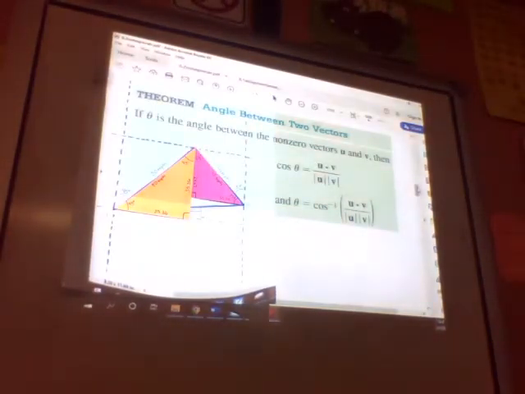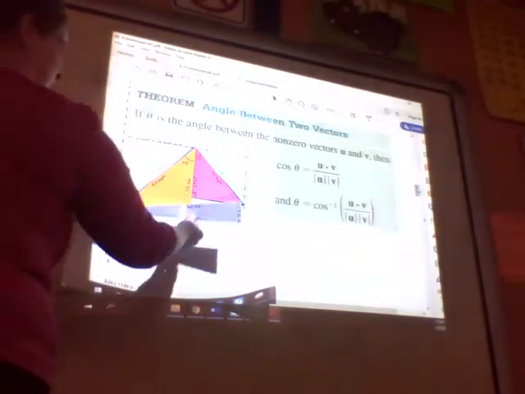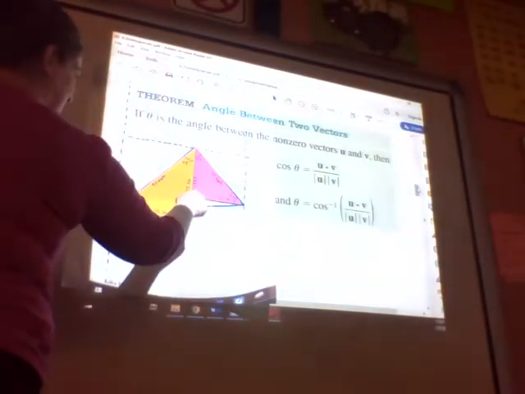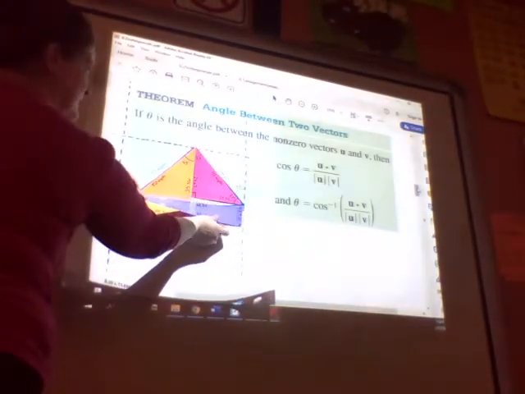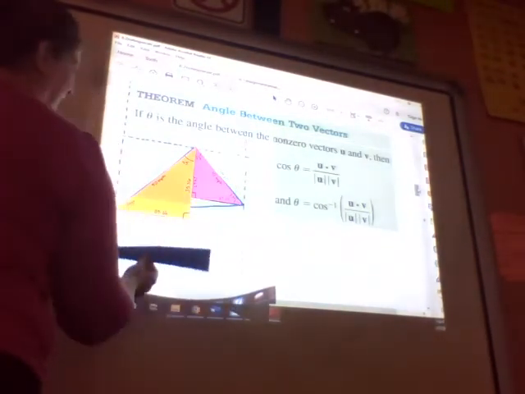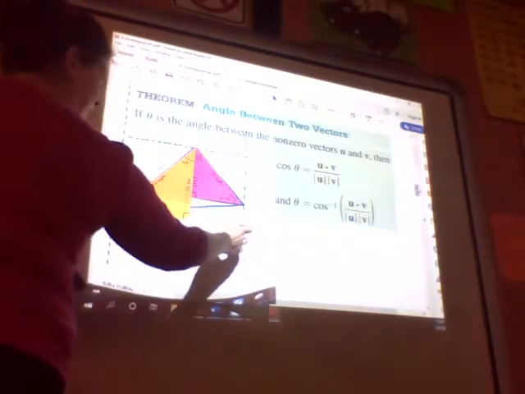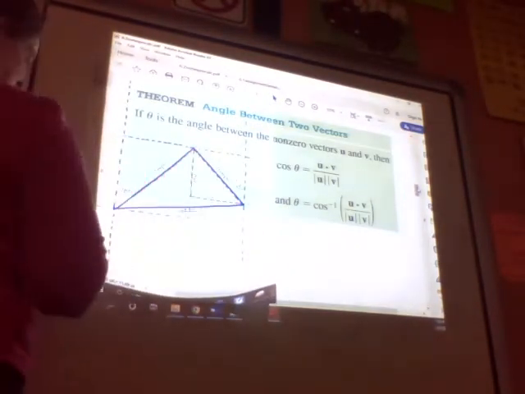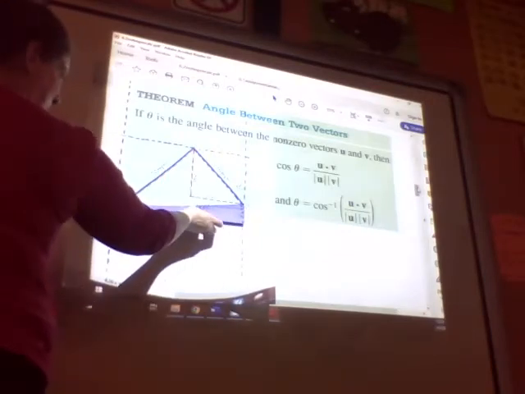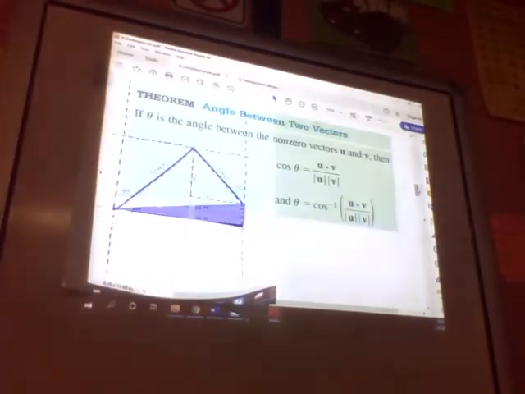Then you find this resulting one, because this height minus this height is this height. And then these two lengths together make the length of the leg. And so then you get this one, and then you can do the Pythagorean theorem and get the hypotenuse.